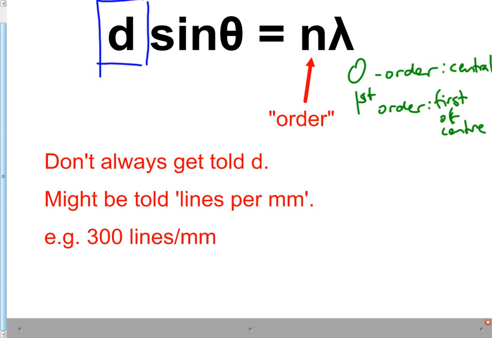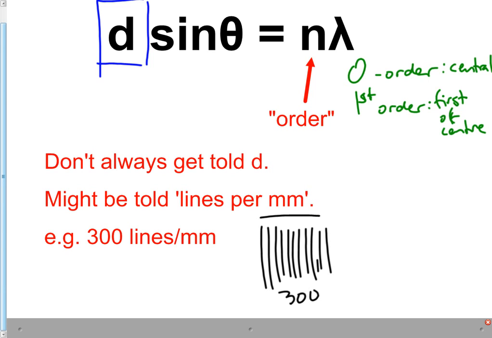Okay, so if there are 300 lines per millimetre, that means there are 300 slits in 1 millimetre. That means each of the slits is 1/300th of a millimetre apart.